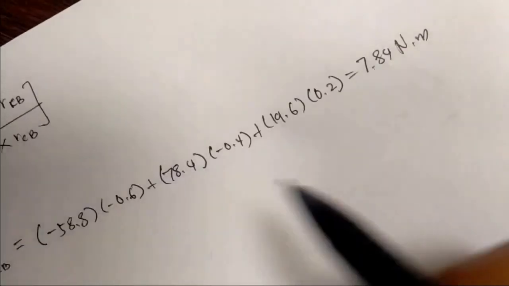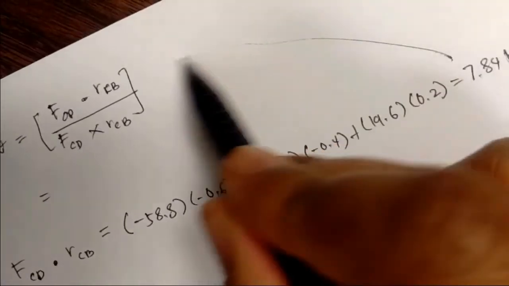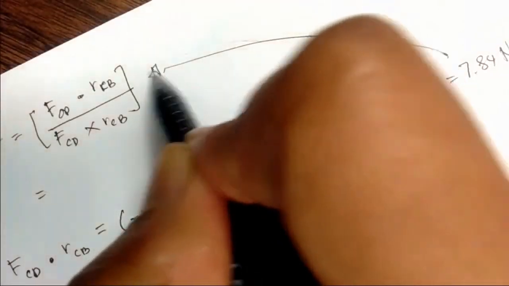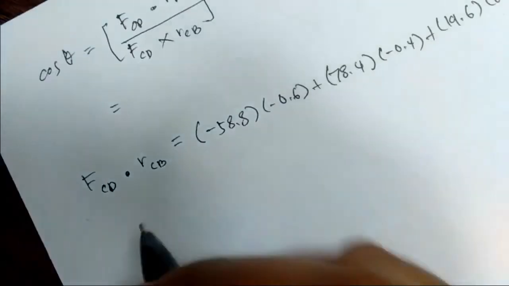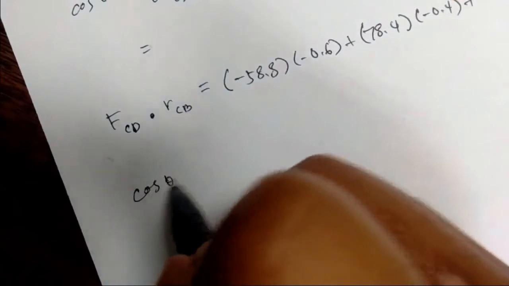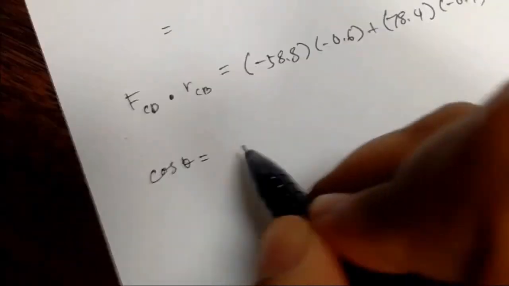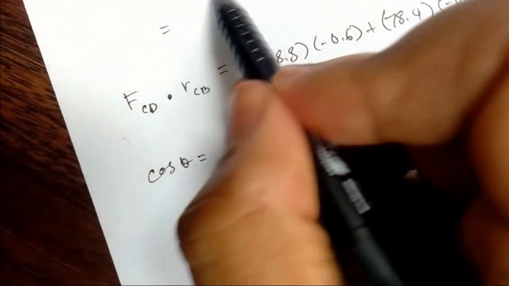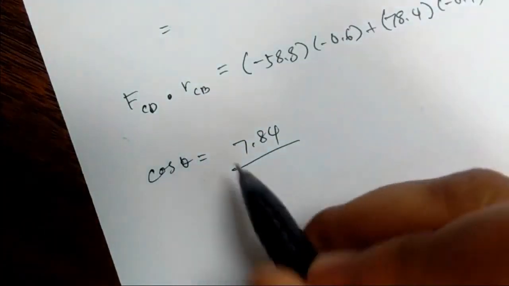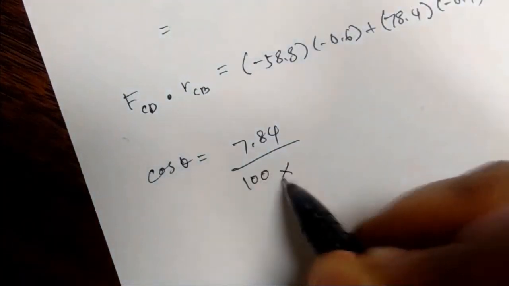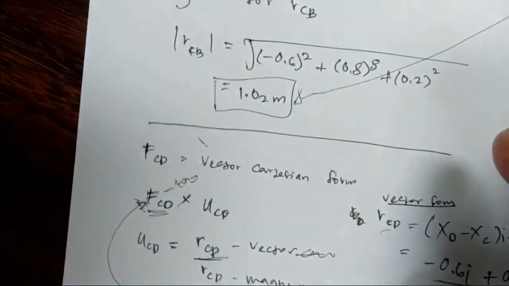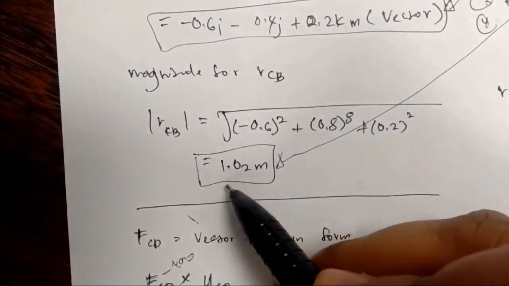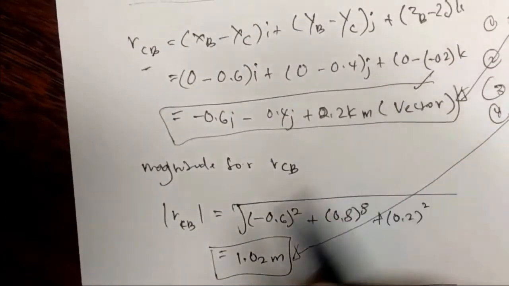Okay, so from here, substitute into this equation. So cos theta equal to 7.84 divided by FCD in scalar magnitude. What is the value? 100. Multiply with RCB in magnitude value. What is the value?